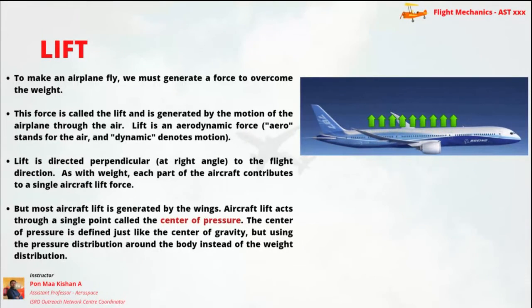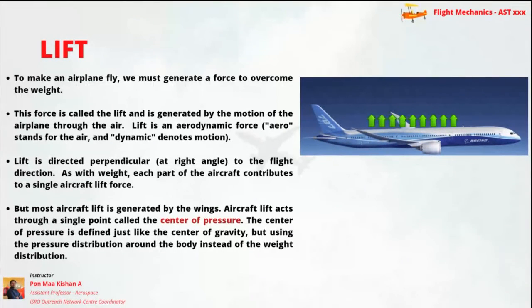That's why we have the statement that the center of pressure is defined just like the center of gravity, but using the pressure distribution around the body instead of weight distribution. You should understand the difference between the center of gravity of the aircraft and the center of pressure of the wing. When I speak about the center of gravity of an entire aircraft, it includes the fuselage and other parts.